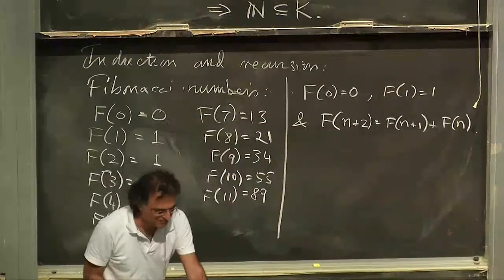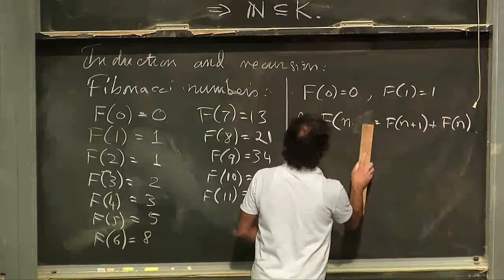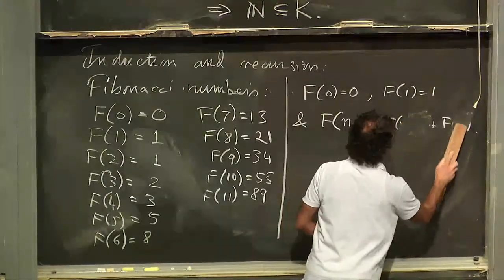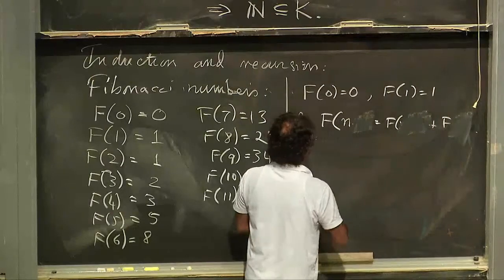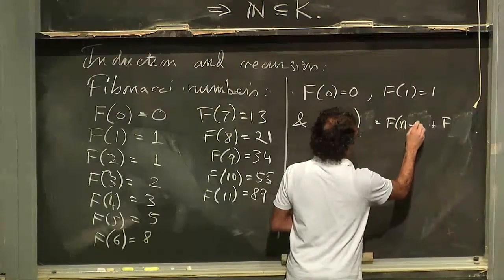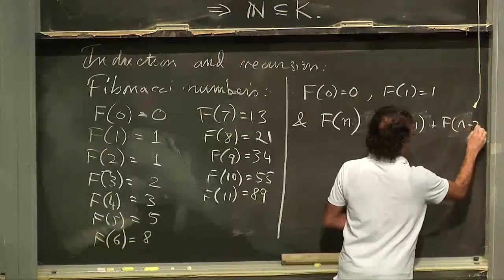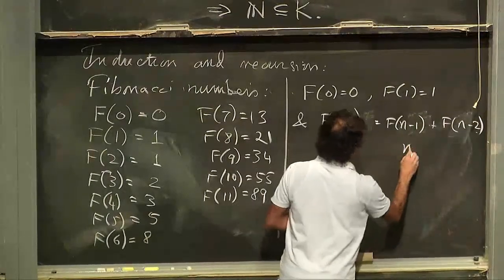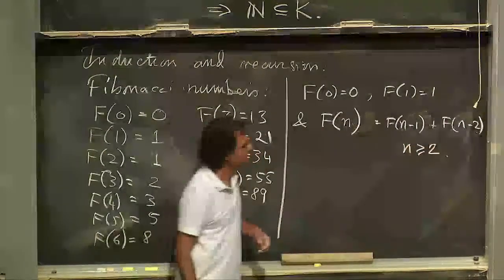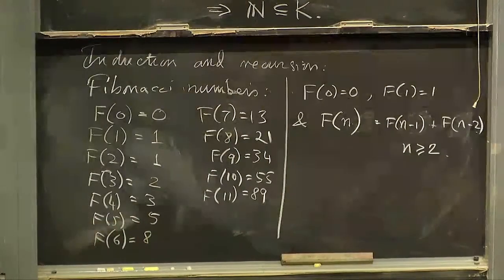That's not good form, right? Let's write it differently. F of n equal to f of n minus 1 plus f of n minus 2 for n greater than or equal to 2.